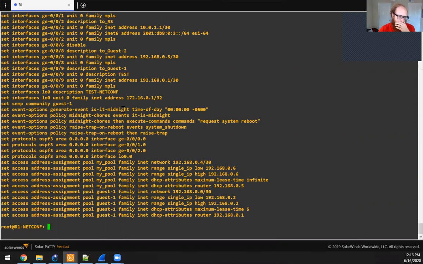So let's do this. Let's configure one of our routers to be in a different area. So we're going to have our backbone area.